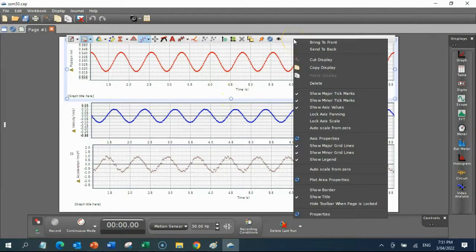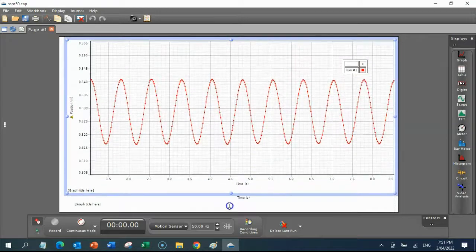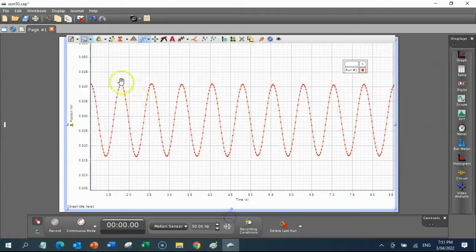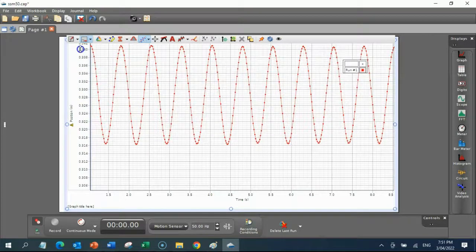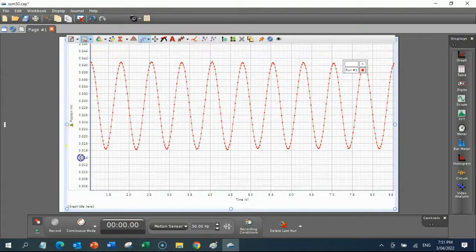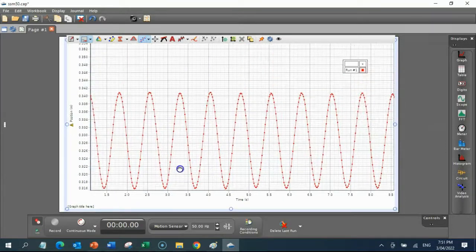I will just right click here to make sure it is at the front, and then I'll extend this down and spread the graph so I can get a more accurate reading of the numbers involved. It just takes a bit of playing with.